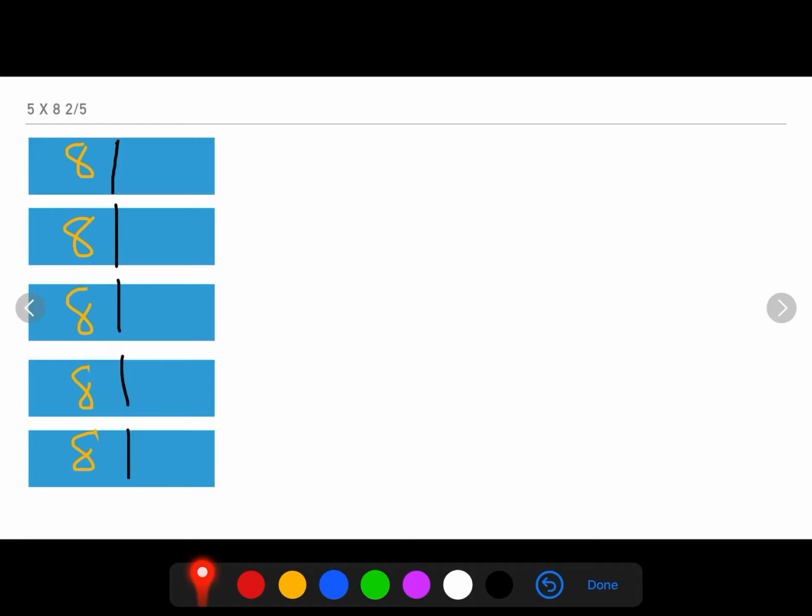If you said yes, you're absolutely correct. What would I decompose 2/5 into? That's right, 1/5 plus 1/5. Let's do the same thing all the way down for each copy of 8 2/5.